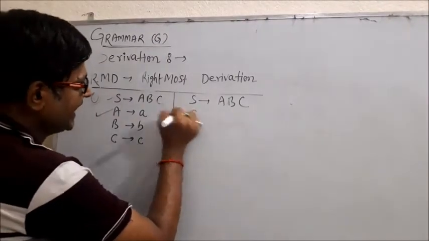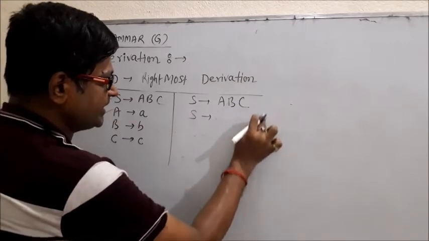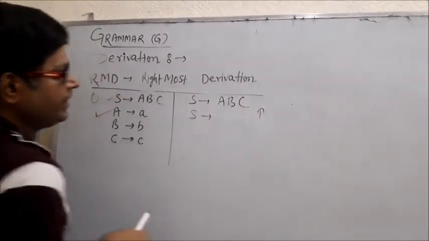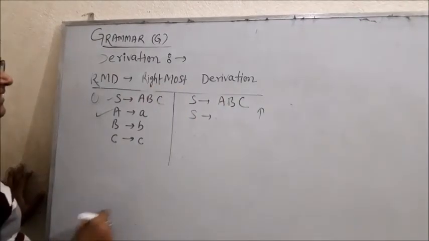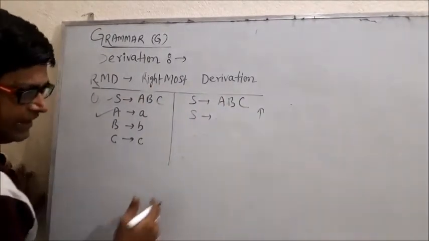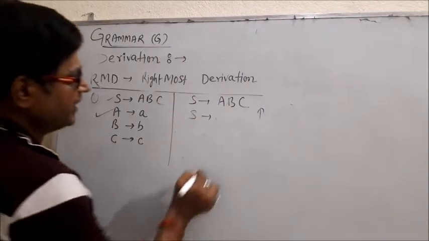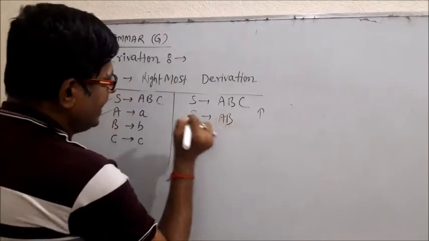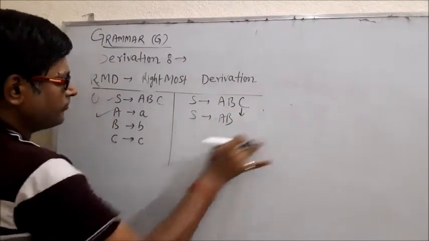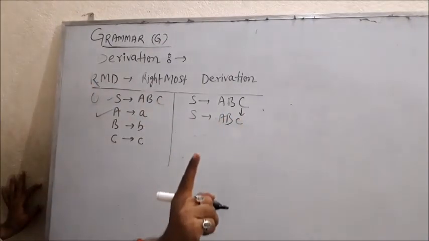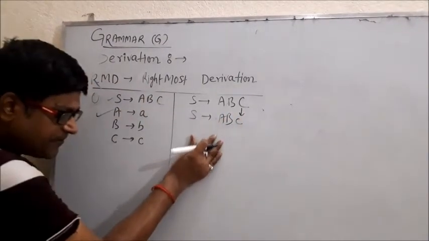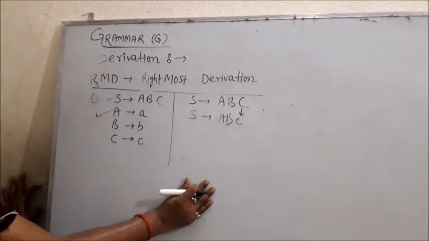My cursor will be here, and I will scan the symbols from right hand side to left hand side. So what is the first one? C will be there from the right hand side. So it will be AB, and in place of C, I will put small c. One replacement at a time, and this type of derivation is known as rightmost derivation.